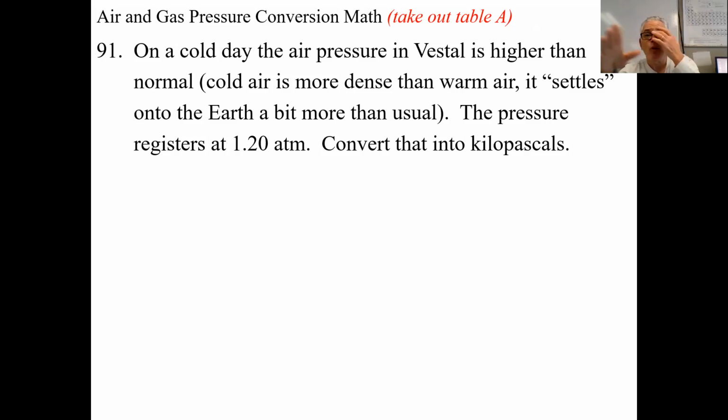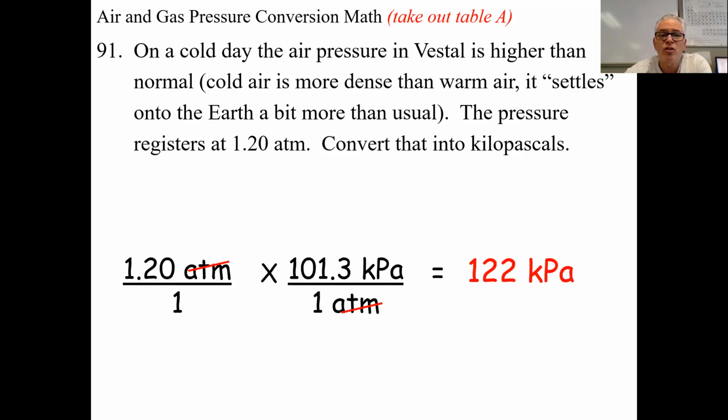Now, you probably can do it a lot of ways. Let me show you the easy way, the 1-step unit conversion math. Ready? What's the starting point? 1.20 atmospheres. Now, what is my equality? My equality, which I wrote down, 1 atmosphere is equal to 101.3 kPa. They're equal to each other.